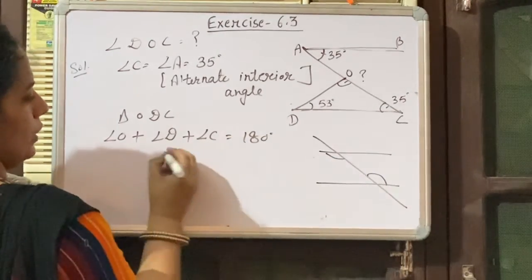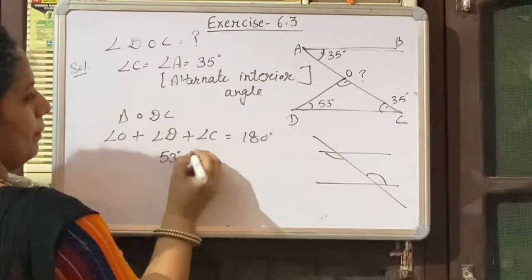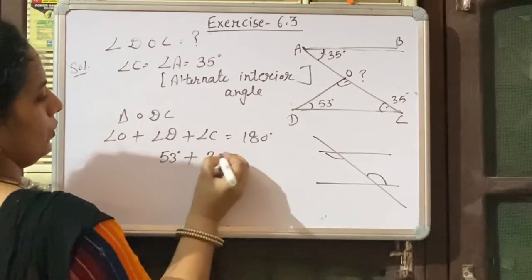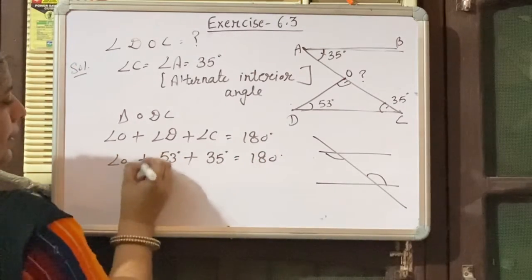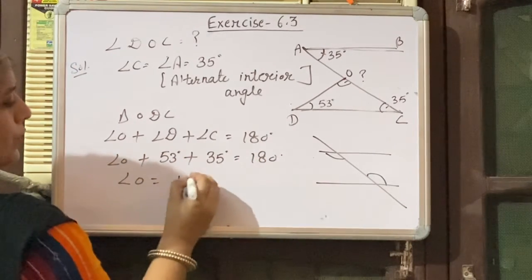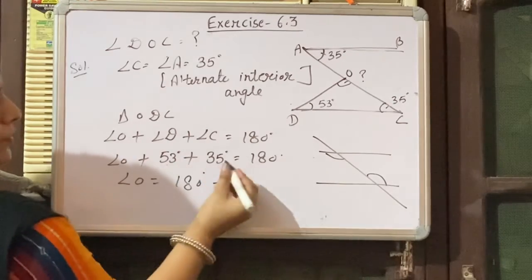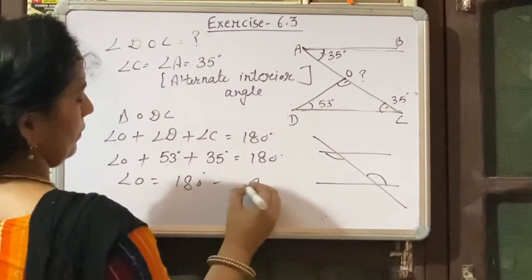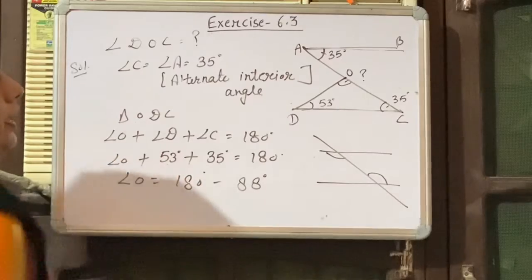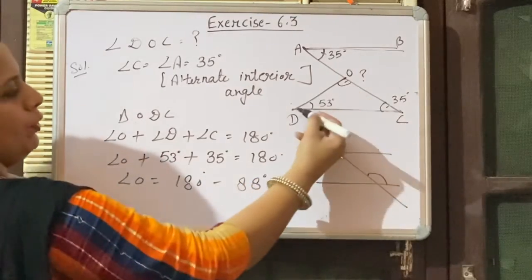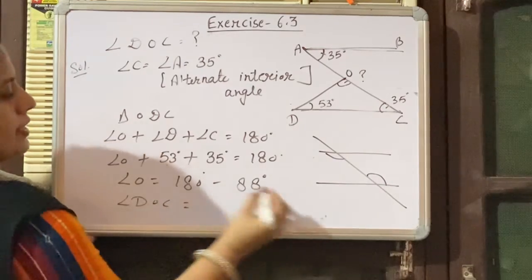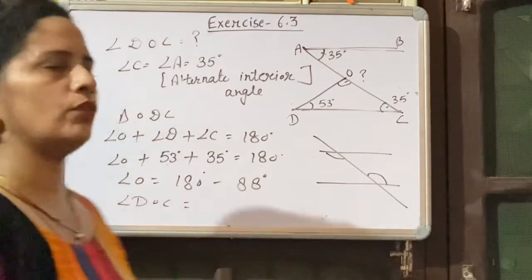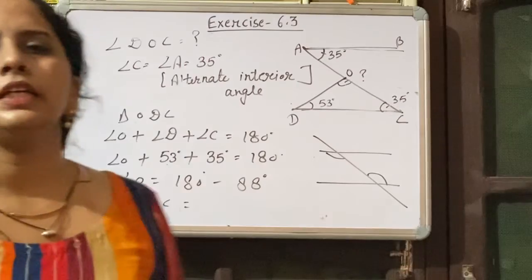D is equal to 53 degree plus C, which is equal to 35 degree, and angle O. So angle O is equal to 180 degree minus sum of these two angles, 88 degree. Angle O, complete name of angle O is DOC. Subtract the angles so we can find out value of angle DOC.